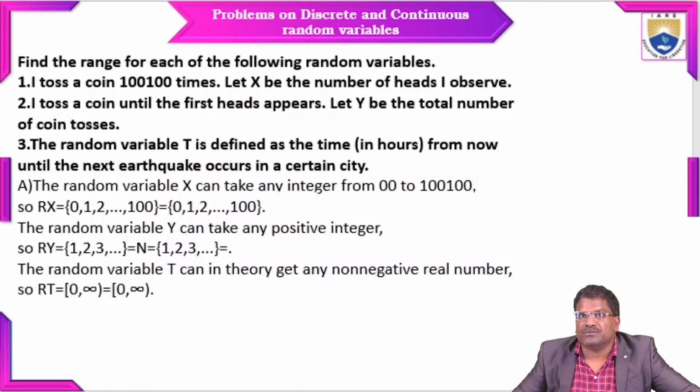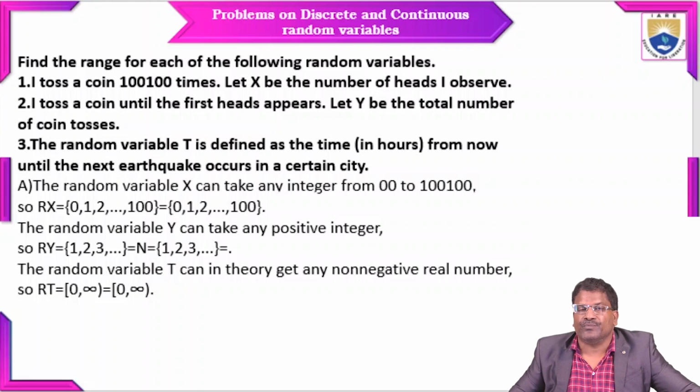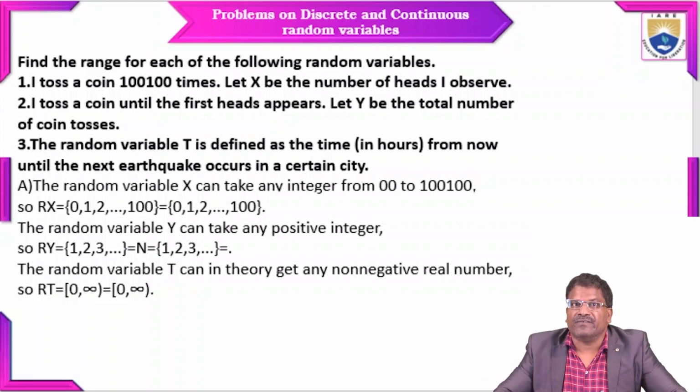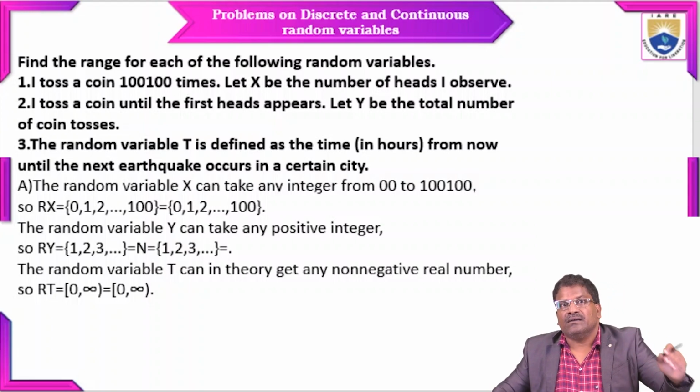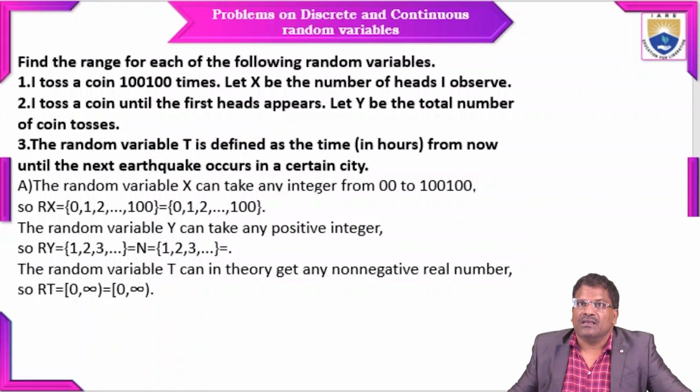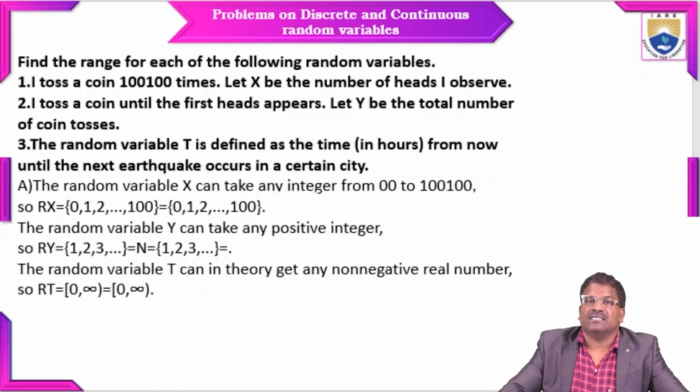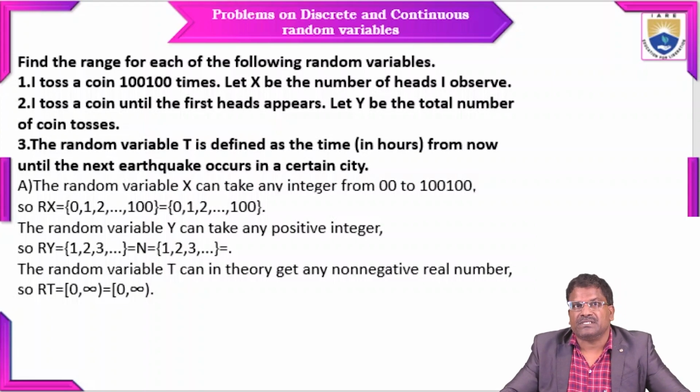As a part of recapitulation, we have discrete random variables and continuous random variables. They are the key structures of probability distributions. The entire study of probability distributions depends upon the nature of these discrete and continuous random variables.